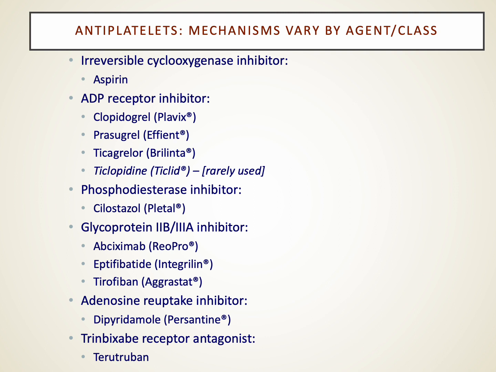Each of these three is used pretty commonly in practice, particularly in patients who've had a coronary event, especially with a stent placement. More on that in cardiology later in the year, but I think it's important to introduce early on where they fit.